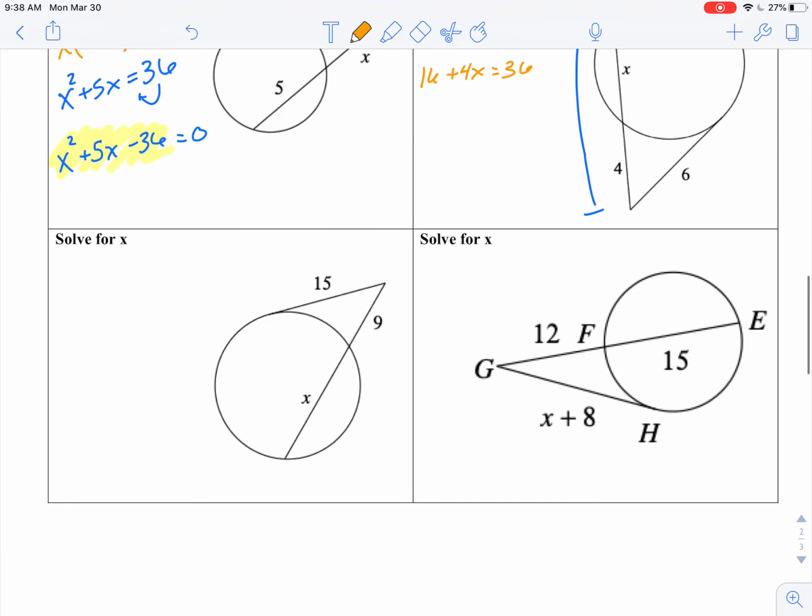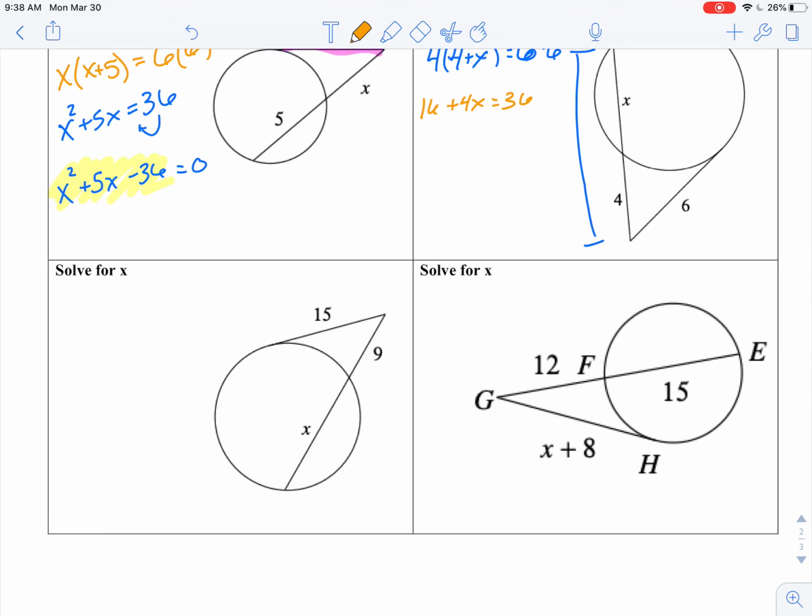Alright, why don't you guys set up the last 2 for me? So pause the video and set up these last 2, and then we'll do some chords. So 9 times 9 plus x equals 15 times the part outside the circle times the whole segment. Outside, whole segment, they just happen to be the same thing here.